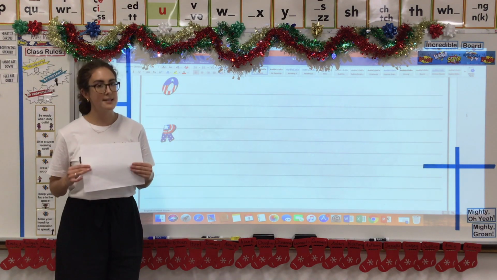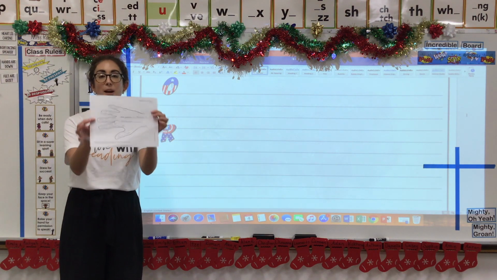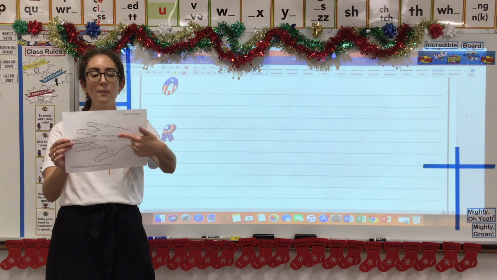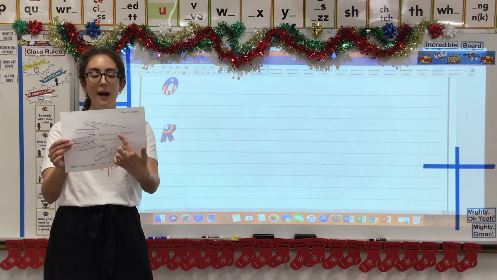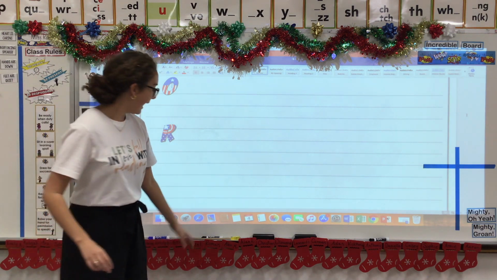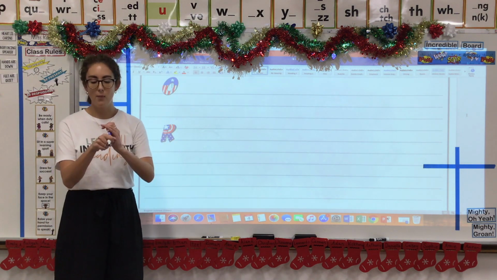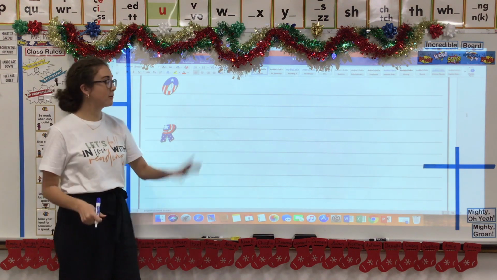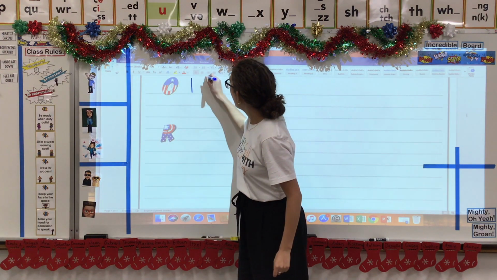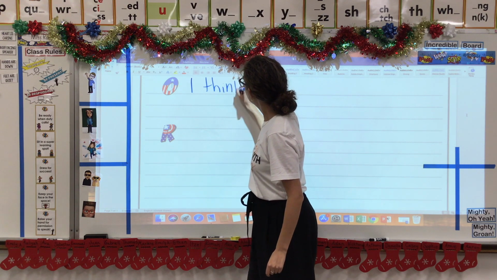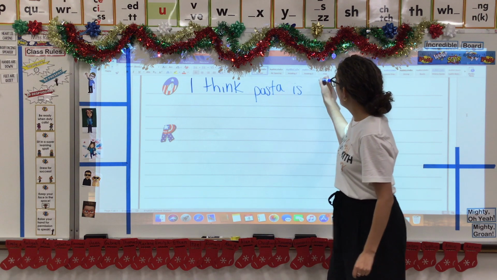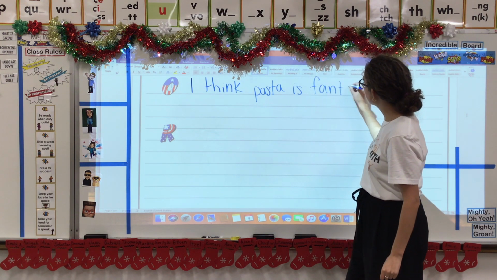This is the simplest one because it's already written out for us on our hand. So right in the middle it says, I think pasta is fantastic. That's my opinion. And I want to start my paragraph with it. So that's what I'm going to write right next to the O. I'm going to say, I think pasta is fantastic!